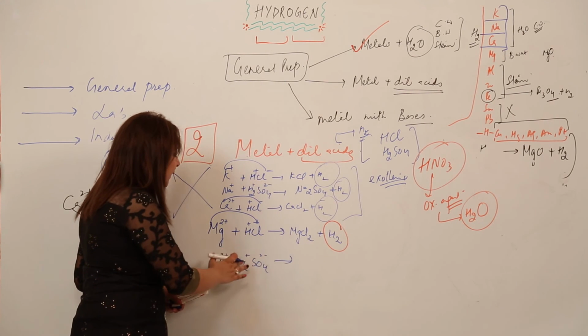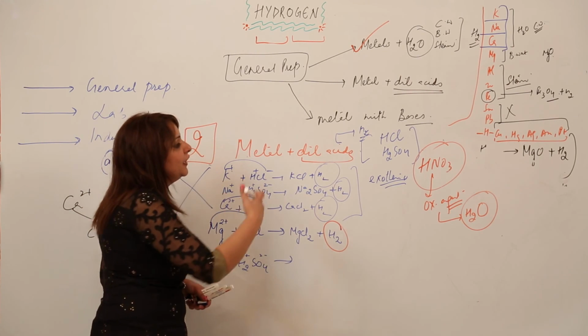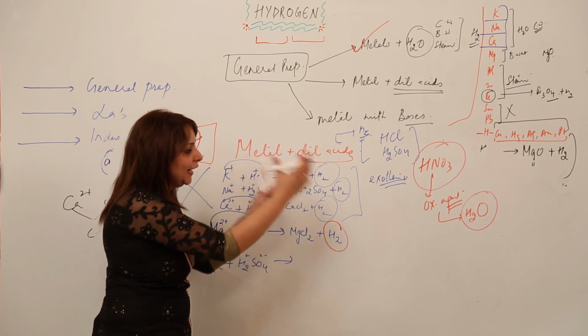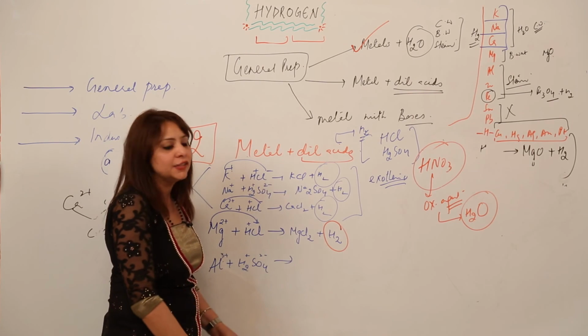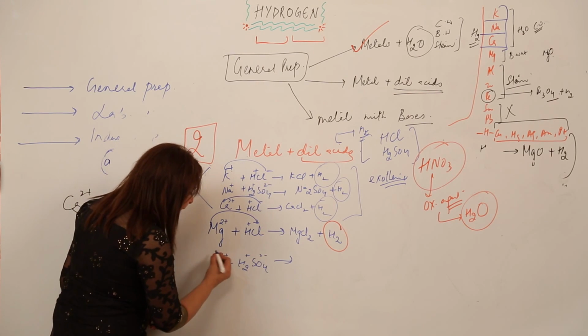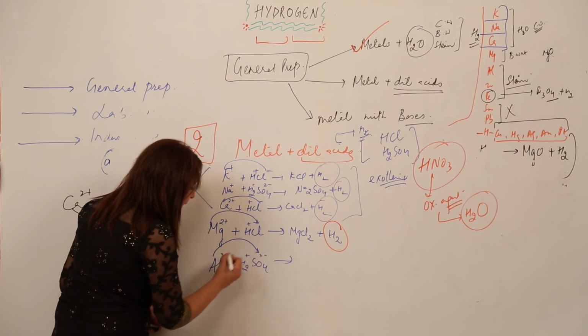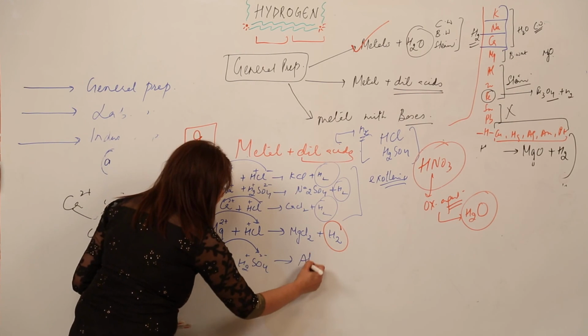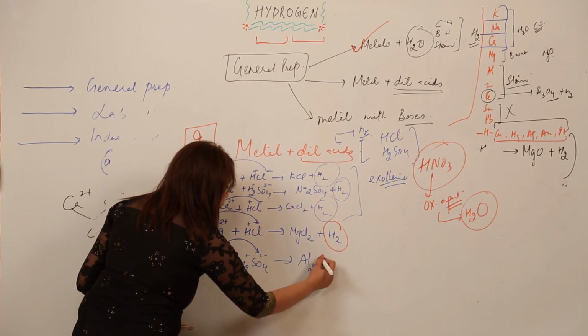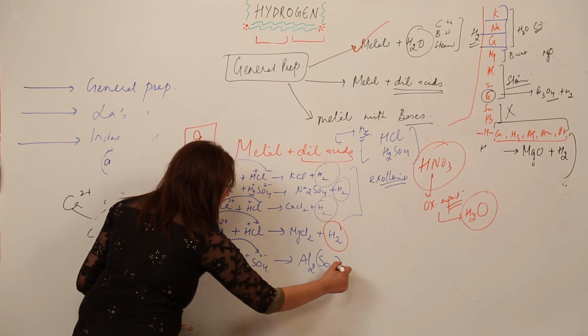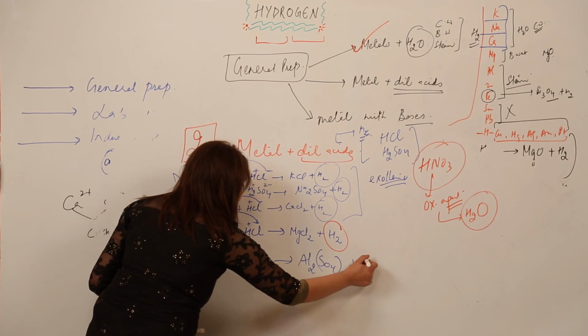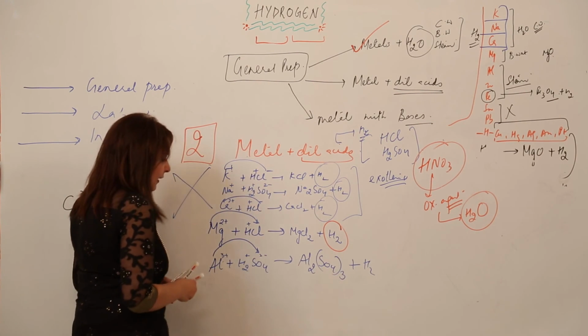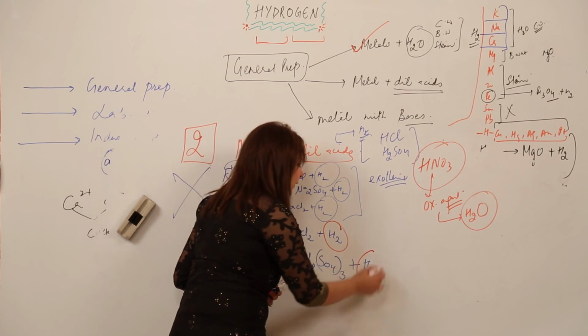So just keep this valency in mind, or you can write it in rough, and directly write the desired product. Again, the positive part reacts with the negative part. So what do we get after crisscrossing? Al2(SO4)3, since sulfate is a radical, it has to be enclosed in brackets, plus H2. Again, it is our desired product.